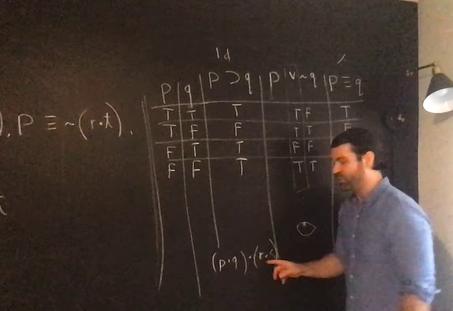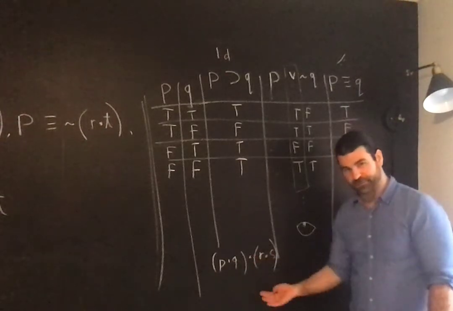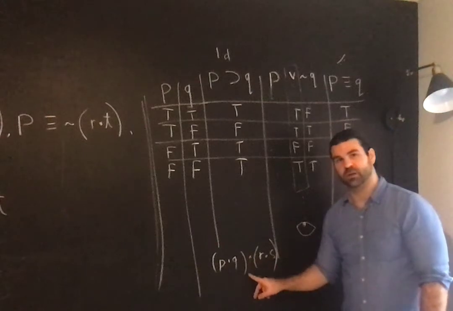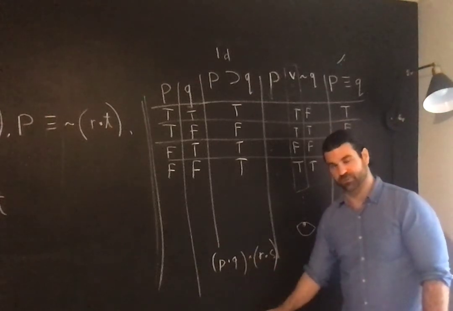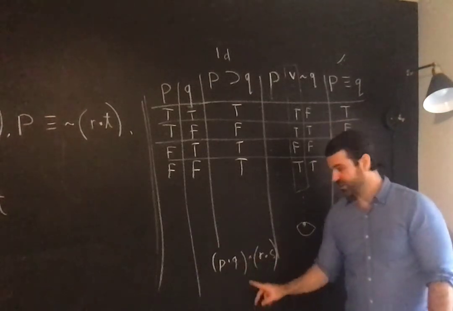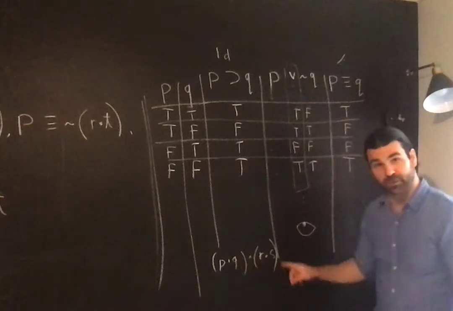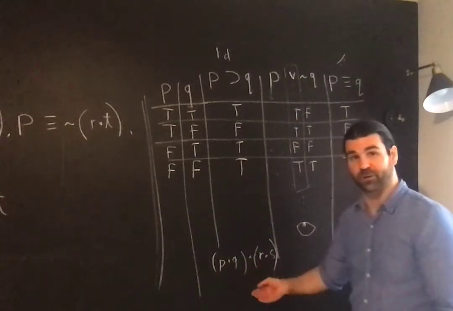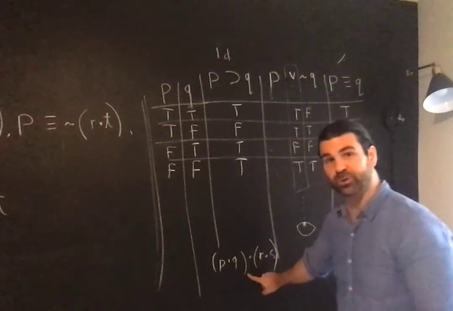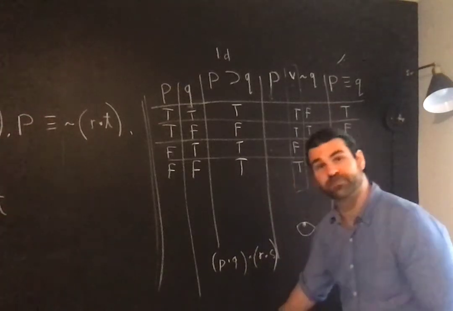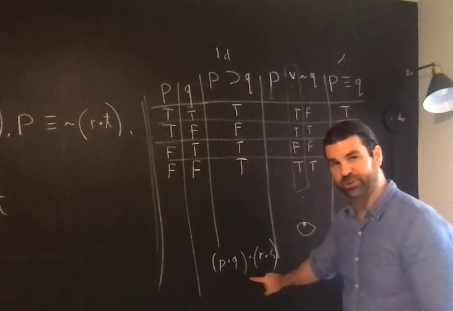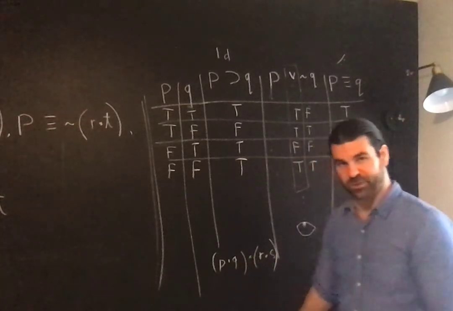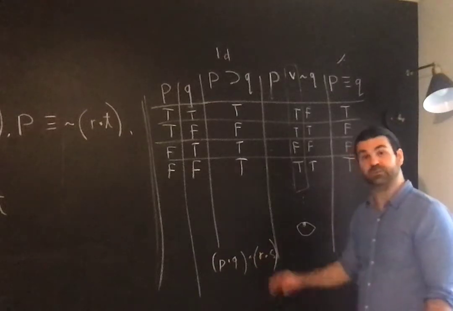If any one of them is false, the column under the major operator would be false, the formula as a whole would be false. So the proper column for this would be true, and then 15 falses. The first entry is true when they're all true, and in every other row at least one of them is false, so it would be false.